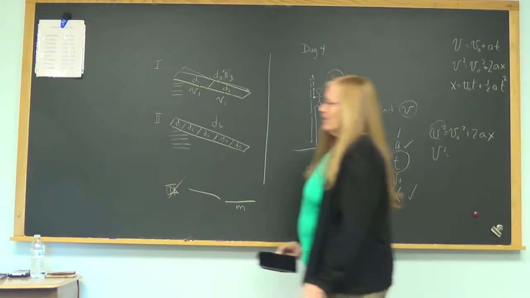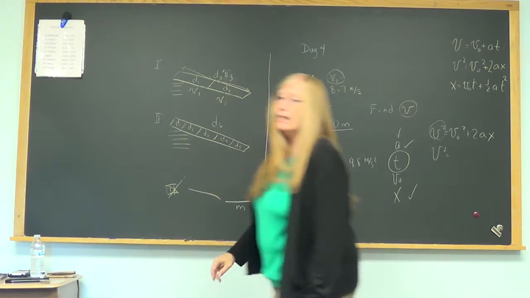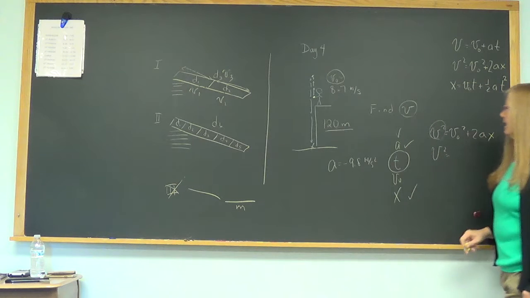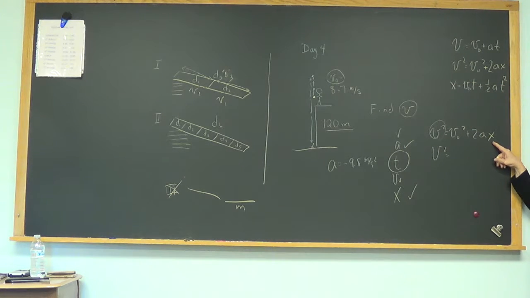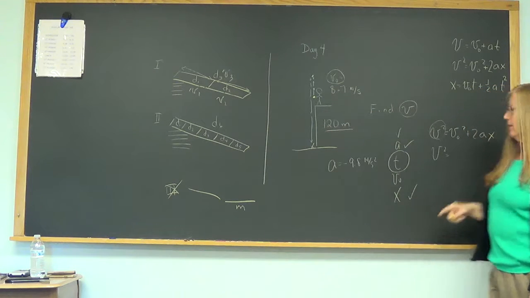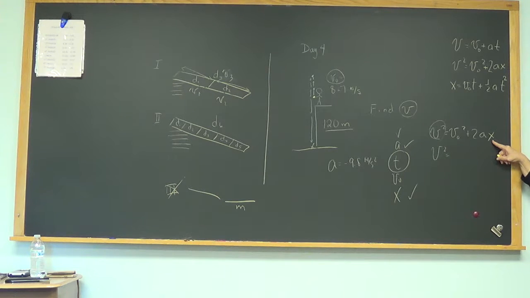Okay. 2a, and then X is a little tricky because it ends right here. So what is X at the end of this scenario? Right where we want the velocity, it's 120 below where it started. So this number is negative 120. So we've got 2 negatives there, so don't forget that. 8.7 squared, negative 9.8, and negative 120.